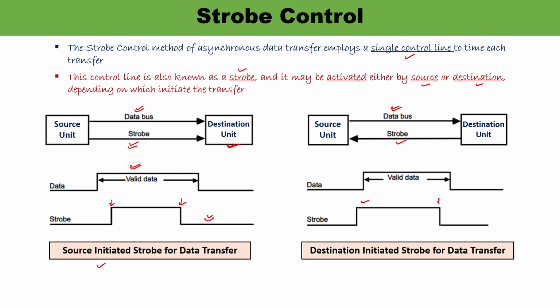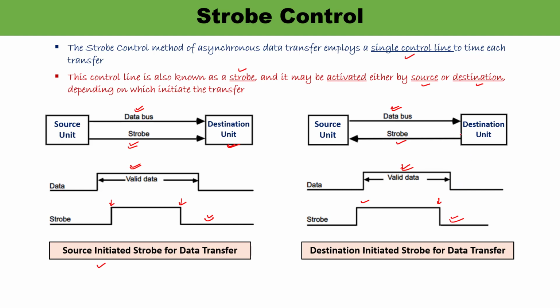The falling edge of this strobe pulse can again be used to trigger the destination register. The destination unit disables the strobe, and finally the source removes the data from the data buses.